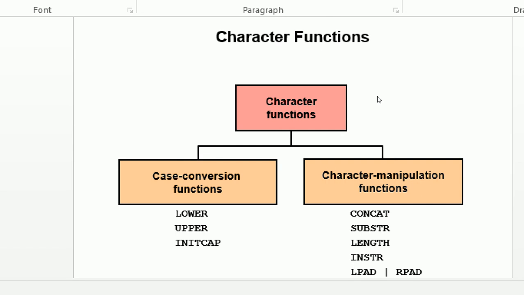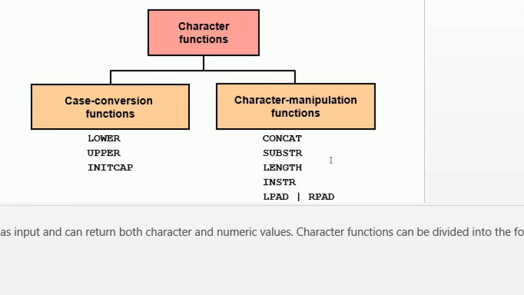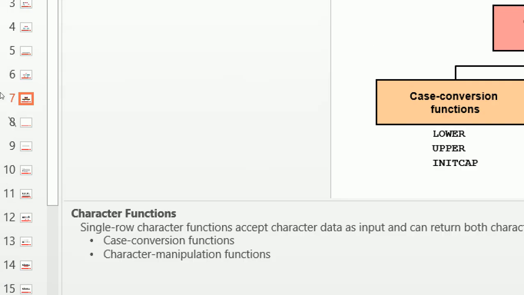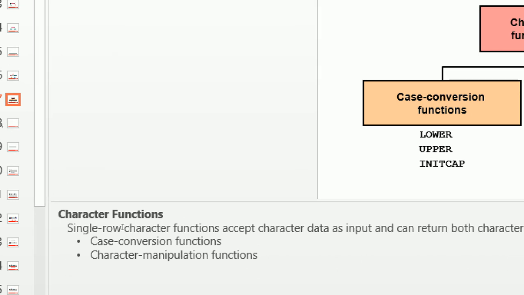Lower will convert it into lower case. Clear? Then there are the CONCAT, SUBSTR, LENGTH, INSTR, LPAD and RPAD functions. What is the working of them? We will see that in the next slide.